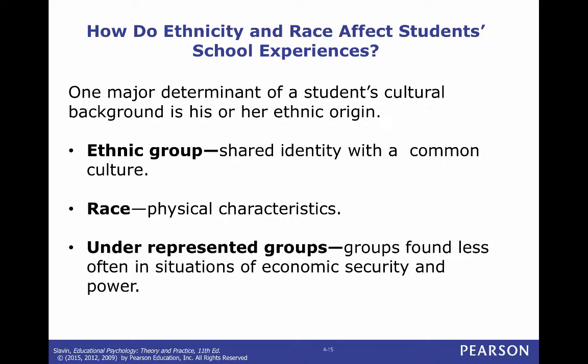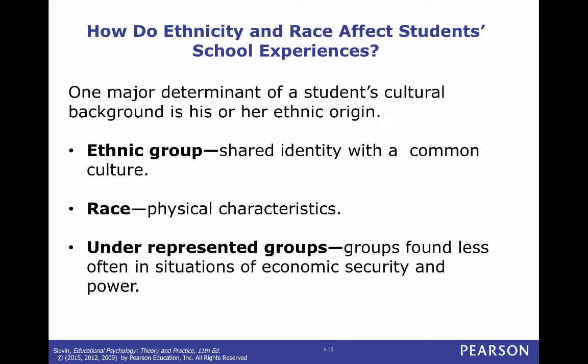And then you can also be African American and have just moved from Kenya or from South Africa. And so even within Kenya and South Africa, they would have completely different ethnic groupings. So depending on your shared common culture, it makes up your ethnic group. And your race is just those physical characteristics. Most people would say that your ethnic group or your culture is a construct, whereas your race, your physical characteristics are something that is just attributed to you.